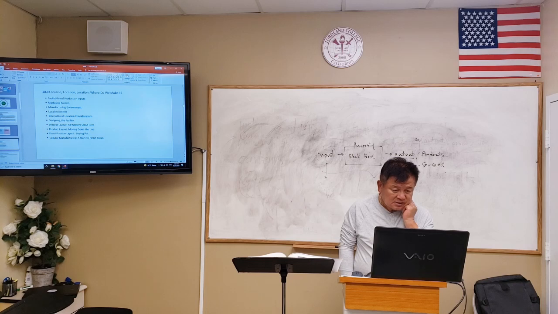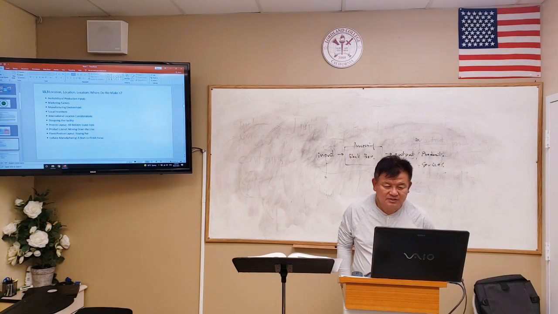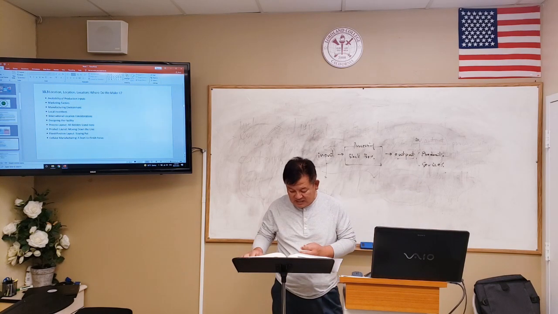These are availability of production input, marketing factors, manufacturing environment, local incentives, international location consideration, and designing the facility. Process layout means all welders stand here. Product layout means moving down the line. Fixed position layout means staying put. And cellular manufacturing means a start to finish focus. These kinds of factors are related to location.